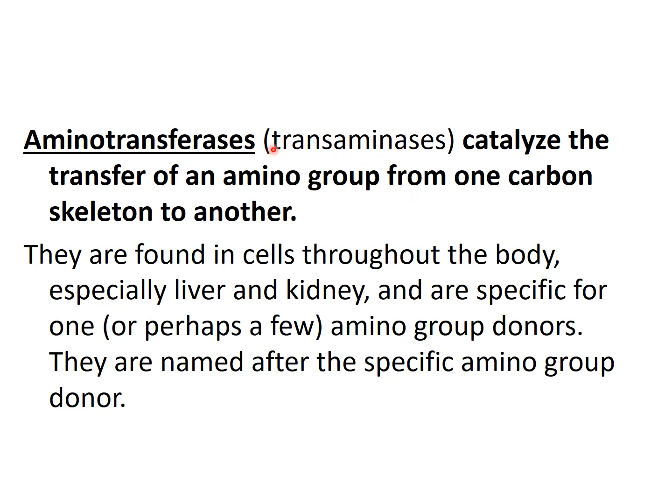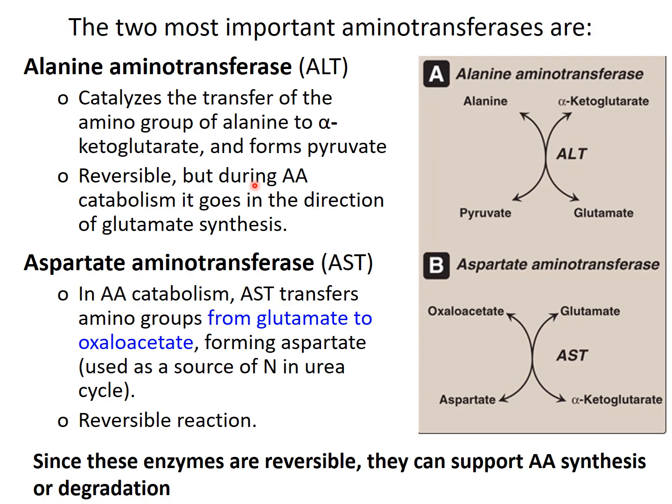Transaminases, also called aminotransferases, catalyze the transfer of the amino group of one amino acid to a carbon skeleton and produce another amino group. Simple enough. We have two aminotransferases that are especially important. Why?